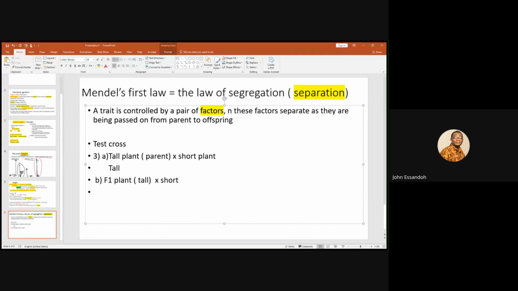When he observed the plants, he realized that if there were 1,000 offspring, he had what? He had 500 tall to 500 short. Meaning that tall to short became what? 1:1.